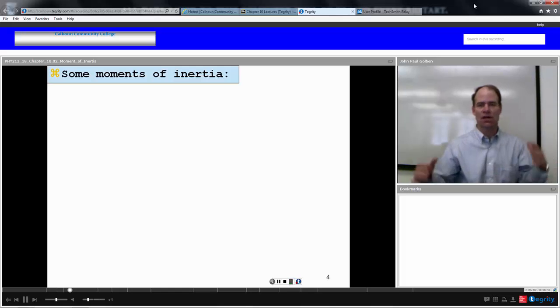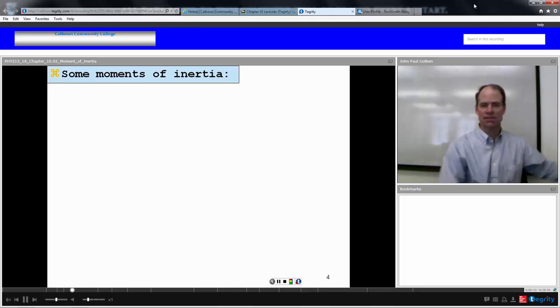So if you had an object that had a large mass, it would be hard to get it moving because it's going to resist changes in its motion. And once it's moving in a translational sense, it's going to be hard to stop because it's going to resist changes in its motion. So a large mass is the ability to resist changes in its motion.